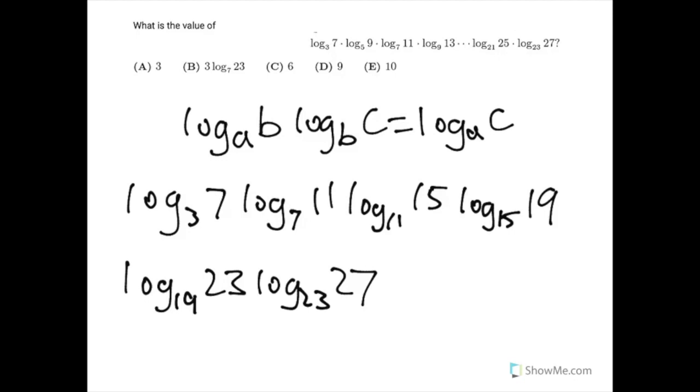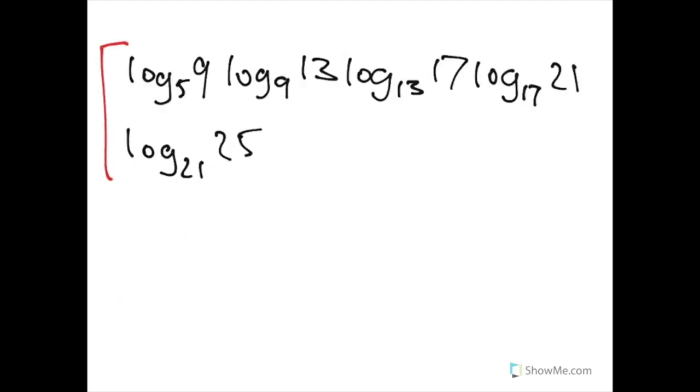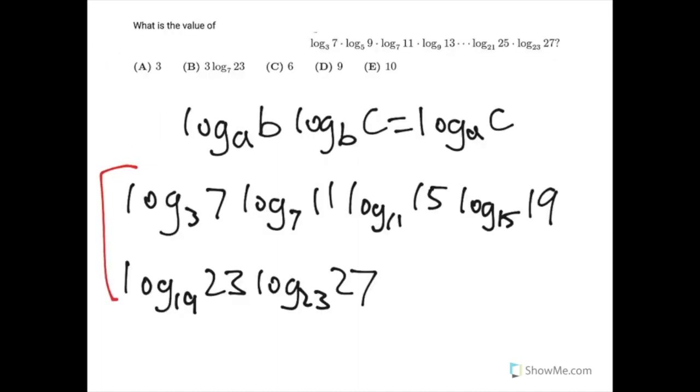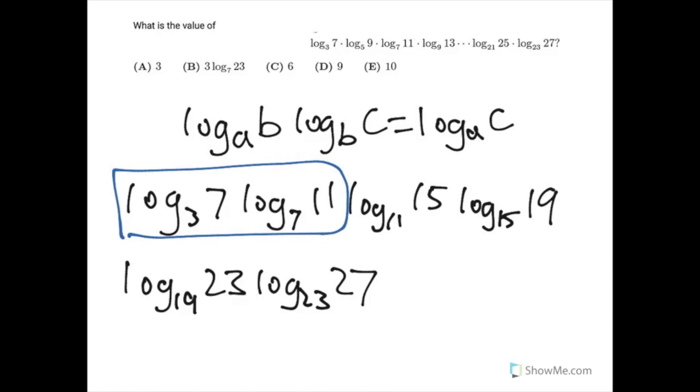So now all we have to do is evaluate this and evaluate this, which is actually pretty simple, because let's take a look at this one first. Focusing our attention on the first two terms, we see that this part simplifies to log base 3 of 11.